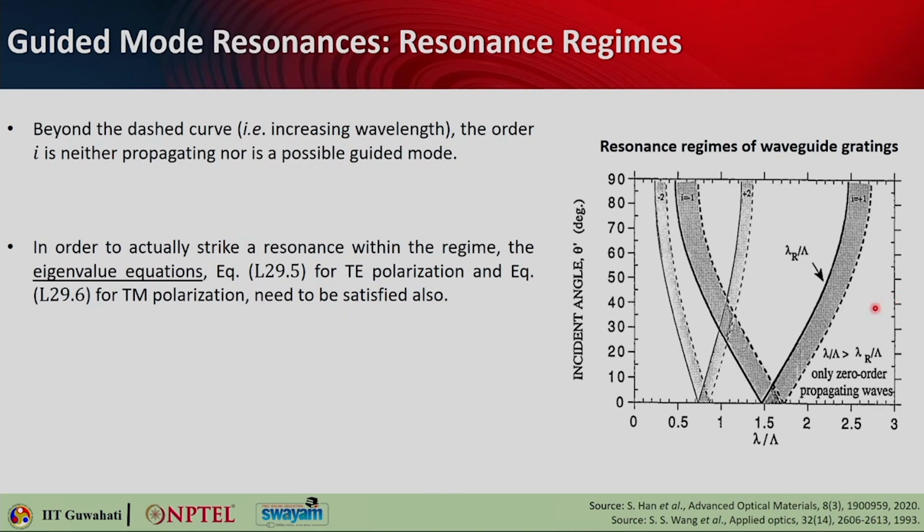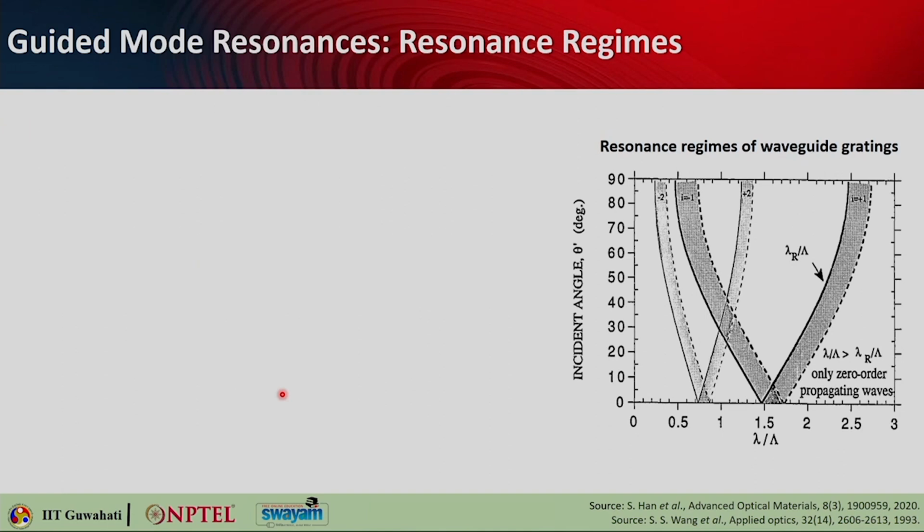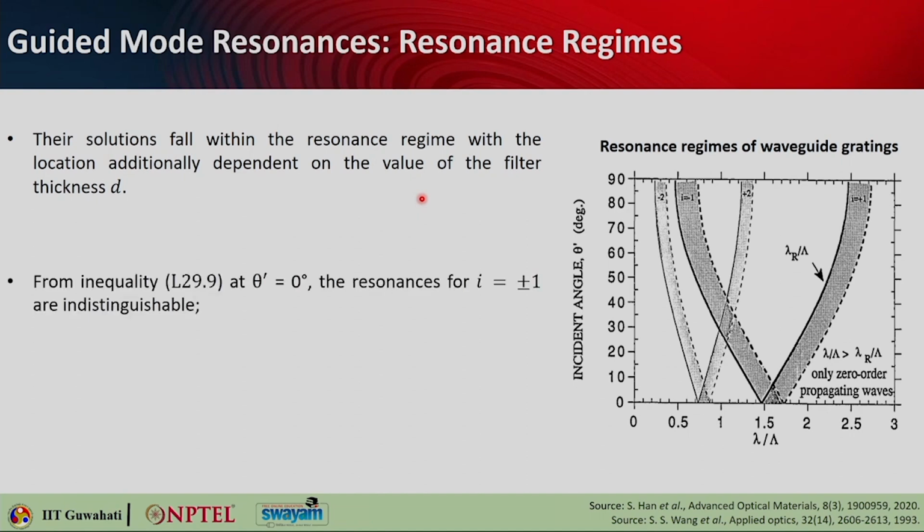In order to strike a resonance within this particular regime, the eigenvalue equations need to be satisfied. So, these are the supported modes which can propagate and leak out and give you that resonance. Their solutions fall within the resonance regime, with the location additionally dependent on the thickness of the filter, that is the parameter d.